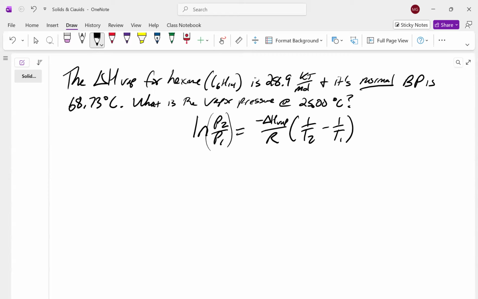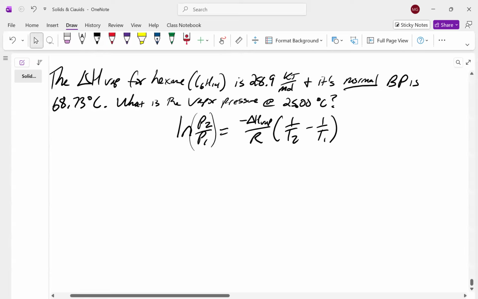If you have your final conditions be P2 and T2, that's fine. Just don't mix and match them. Okay, so you'll want to, in your mind or maybe on the side of your paper, define what you're setting as your initial and final. So for the purposes of this problem, let's solve for P2. That's what we're going to try to find, the vapor pressure at 25 degrees Celsius.